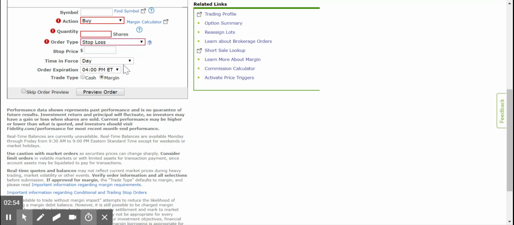Now, stop loss is something I use if I already own something and I put in a predetermined price to sell in case of a worst case scenario. So let's say I bought it at 20 and I'm not willing to let it go below 18. So I'd put in a stop loss at 18, and that would be a market sell to close the position once the price of 18 was executed.